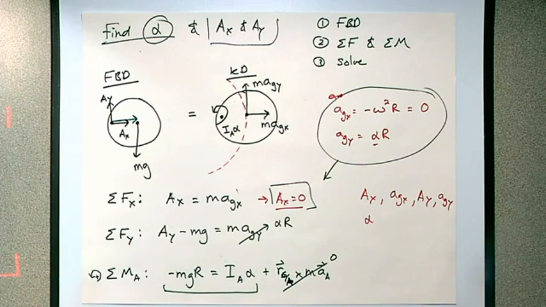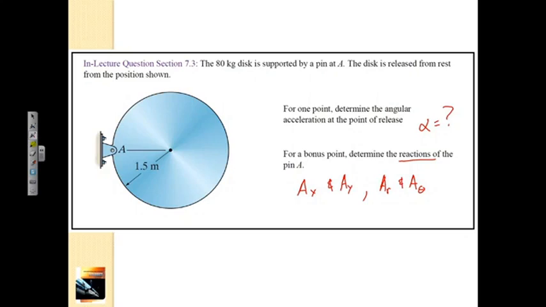So my y direction equation, AY equals mg plus m alpha r. We already solved for alpha. I hid that somewhere. My mass, I also don't remember what it was. 80 kilograms. So I got 80 kilograms.